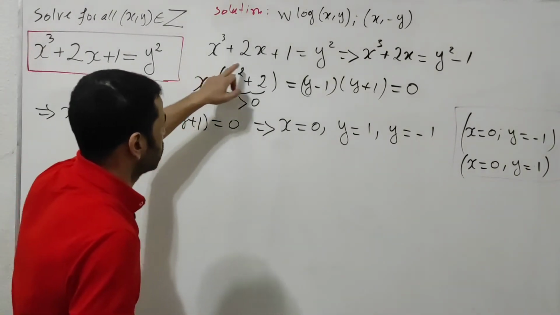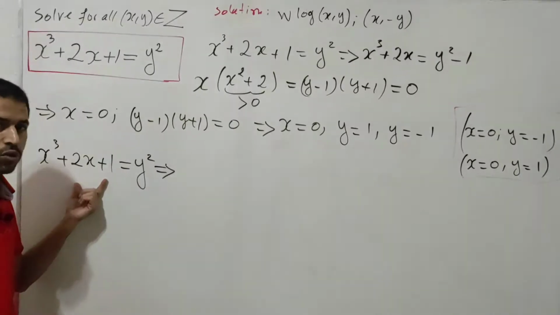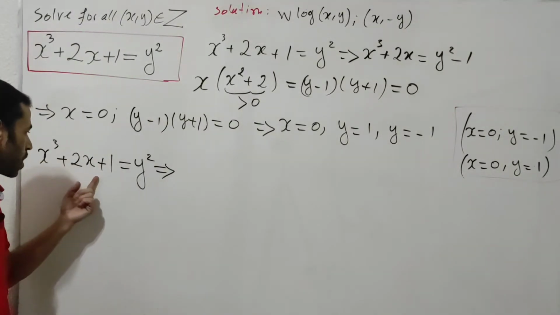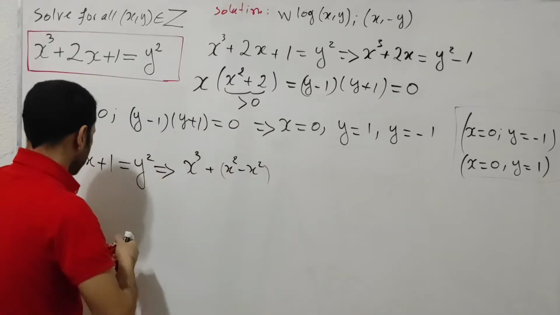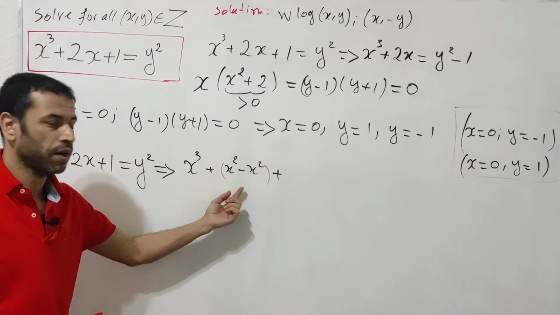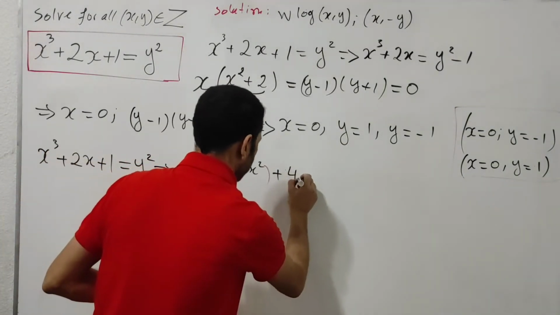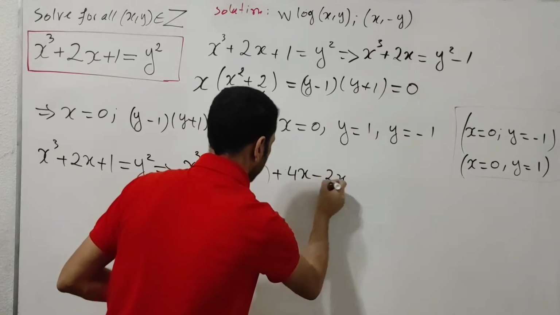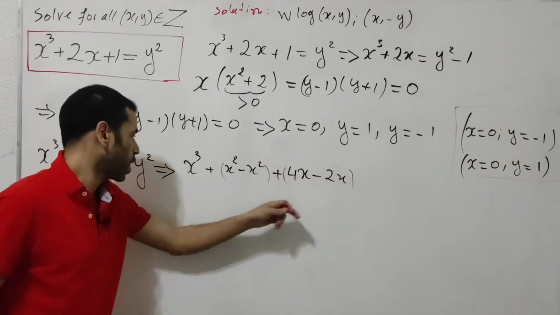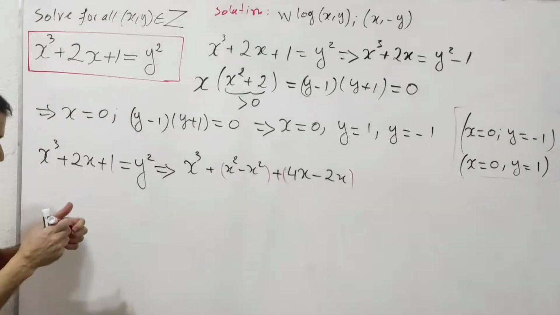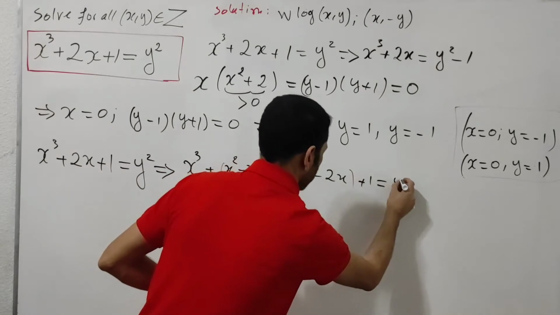So I'm going to bring this same equation here. This time I'm going to build a quantity square by adding minus x squared plus x squared. But I need x minus 1 quantity squared, so by adding 4x minus 2x, this 4x minus 2x is the same as 2x, plus number 1 equals y squared.